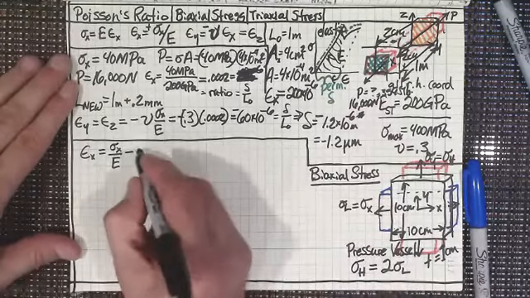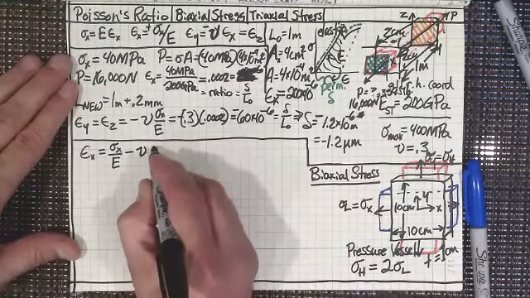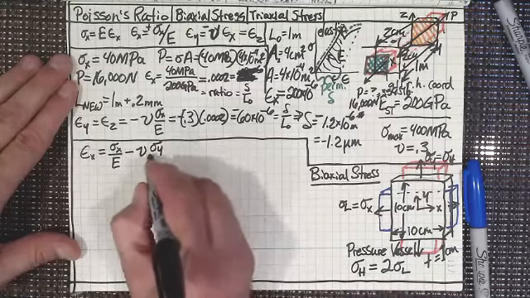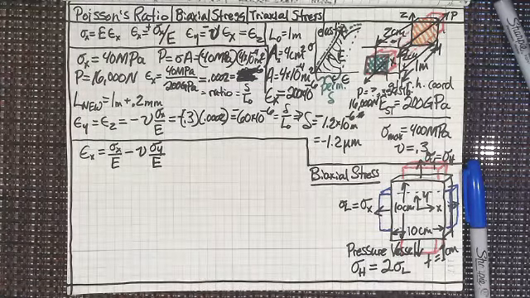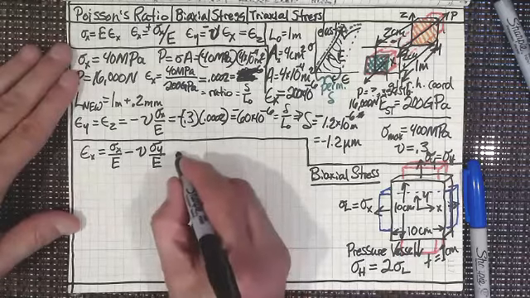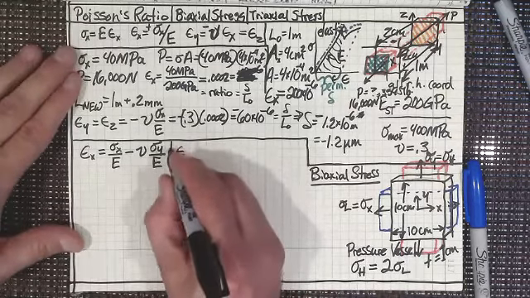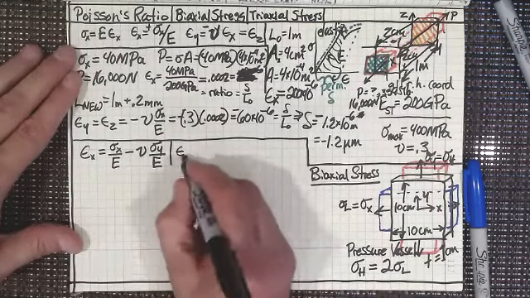So minus Poisson's ratio times the stress in the y direction over E. Does everybody see that? I thought so. Now let's do the strain in the y direction.